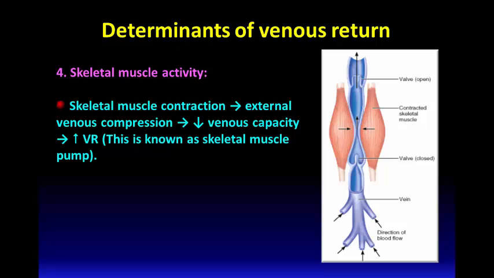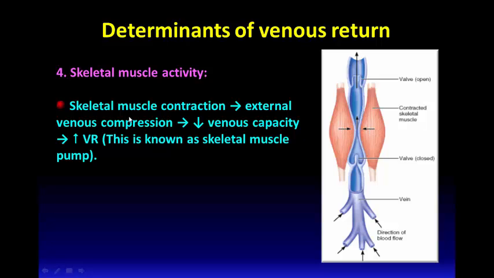The fourth factor which determines the venous return is the activity of the skeletal muscle. Skeletal muscle contraction results in external venous compression.